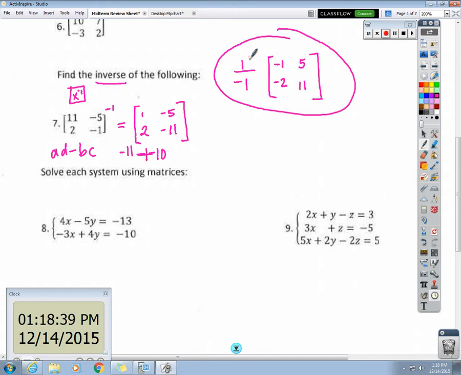Couldn't you simply multiply this scalar by each element to see which one produces that? Like, look, isn't 1 over negative 1 just negative 1? Negative 1 times negative 1 is positive 1. Negative 1 times 5 is negative 5. Negative 1 times negative 2 is positive 2, and negative 1 times 11 is negative 11.